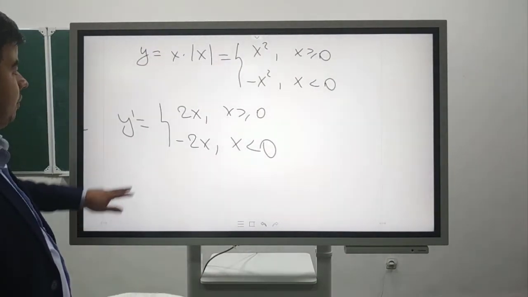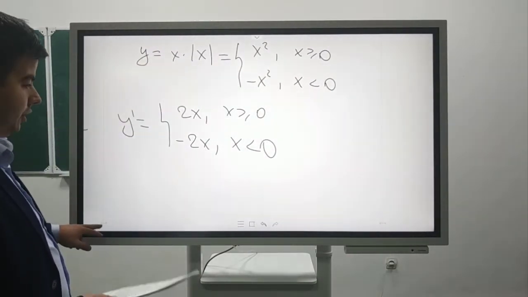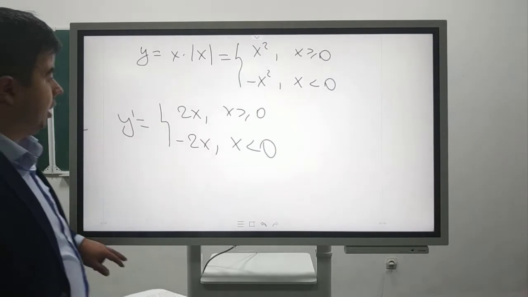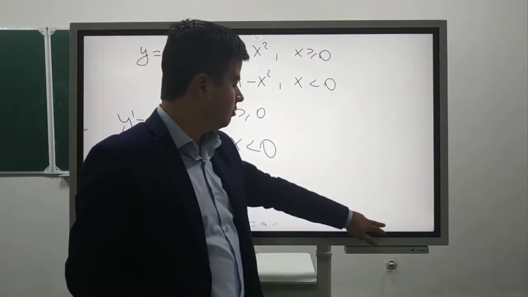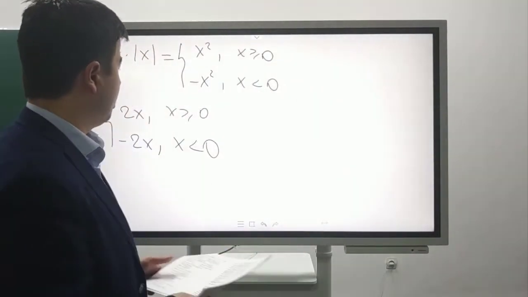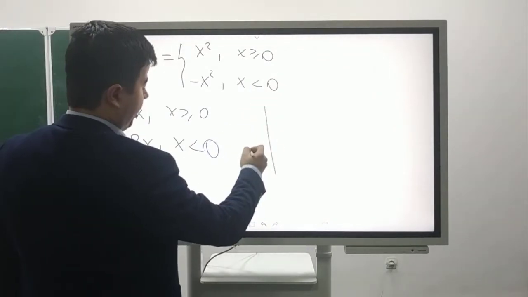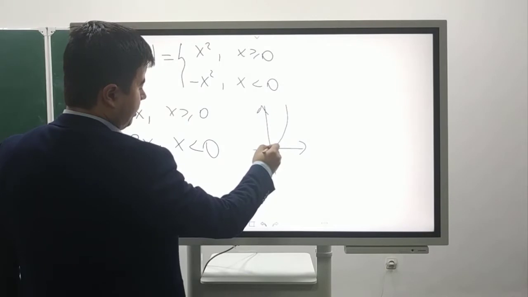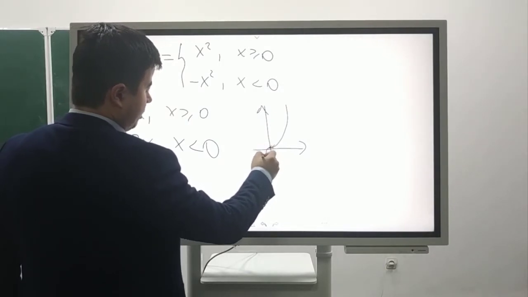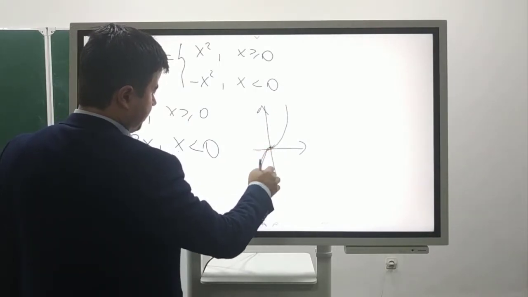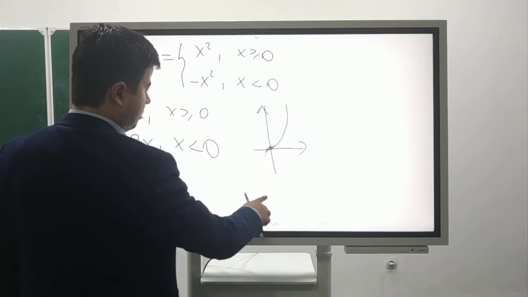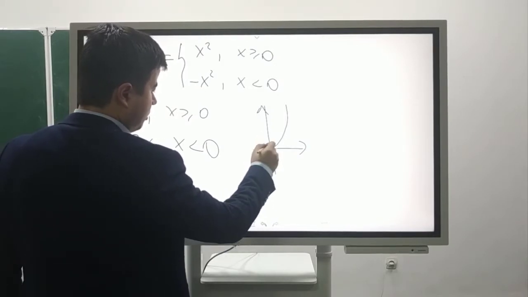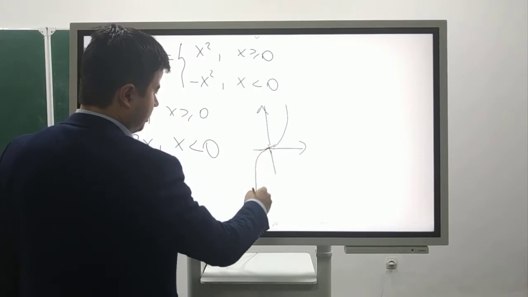And similarly, you can find the graph of this second function. Okay, now in this case, the graph of this function, let's do it together. This one is like this, and like this. So, next part. This one and this one.